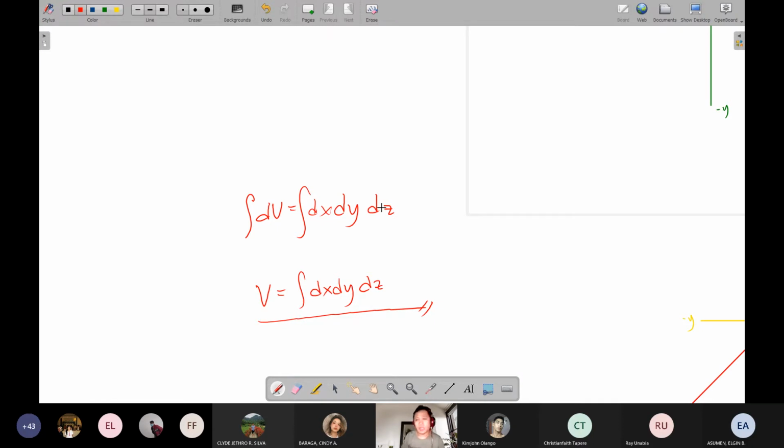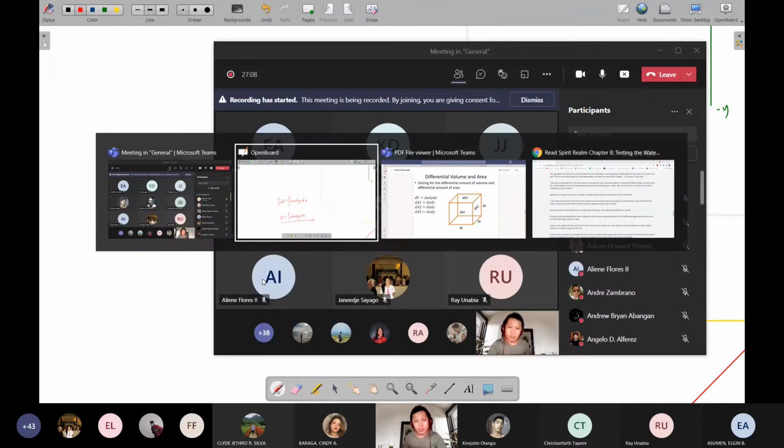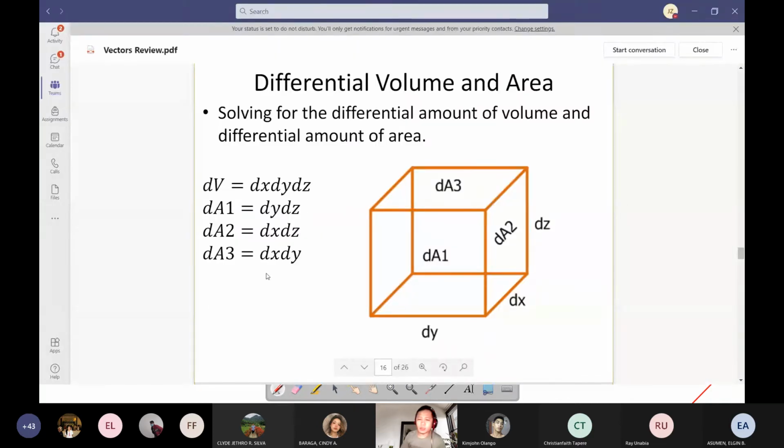So usually these are the integration formulas that we will encounter for electromagnetics. Again, we are now starting with the integral and differential formulas. Now this is for the rectangular coordinate system only.